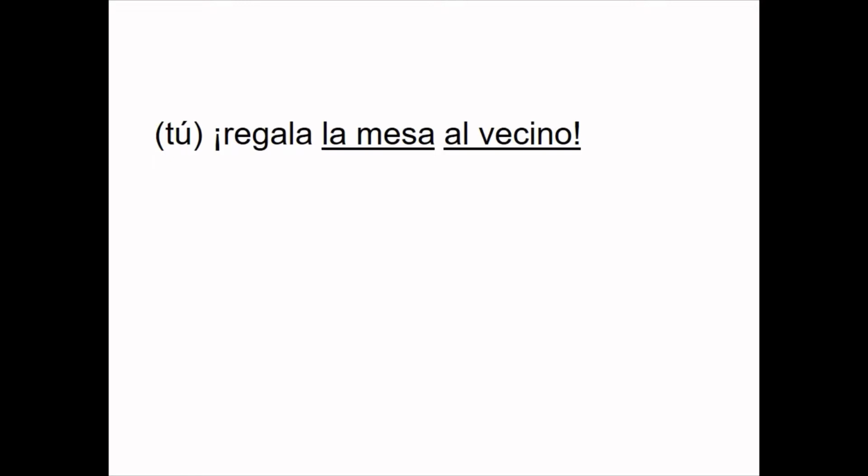Here we have a sentence with the positive imperative. La mesa is direct object. The pronoun is la. And al vecino is indirect object. The pronoun is le. Remember that when le and les coincide with a direct object pronoun, they become se.